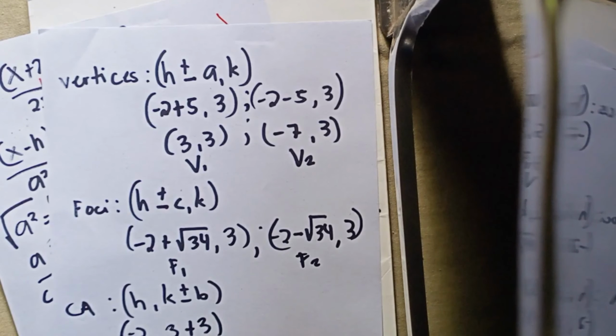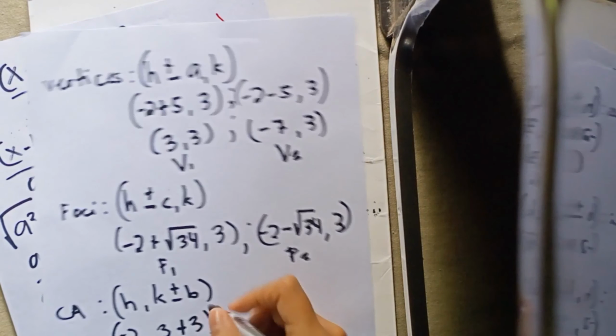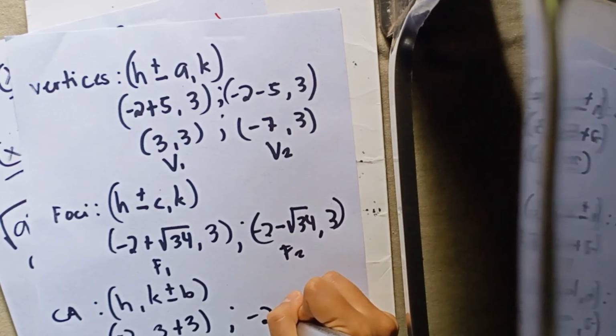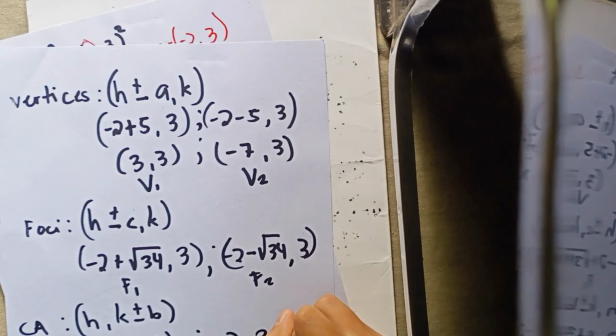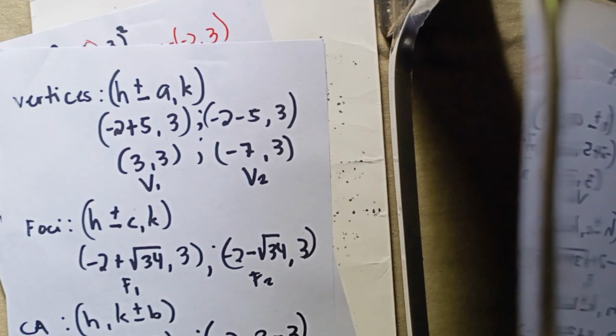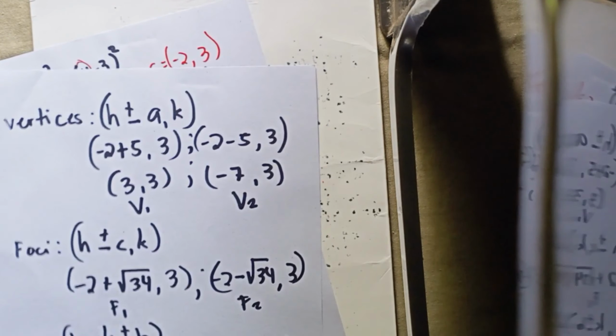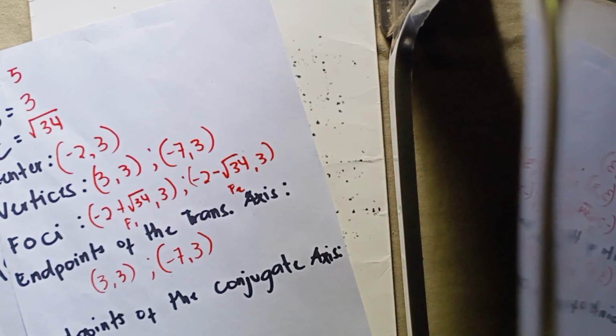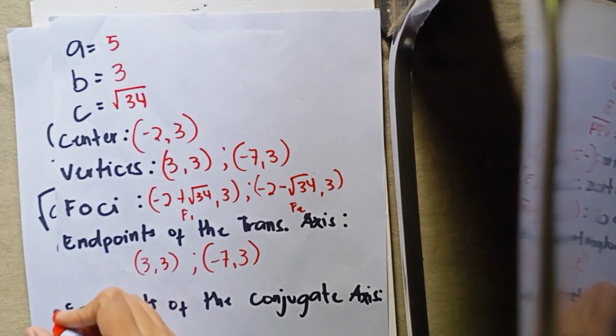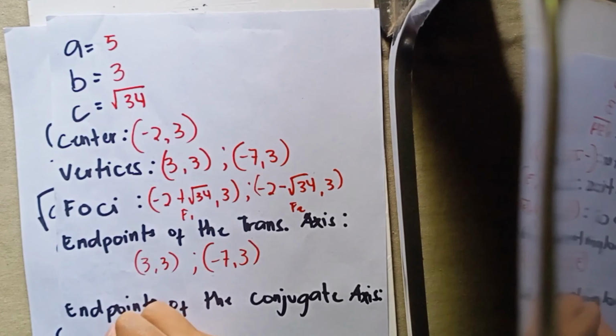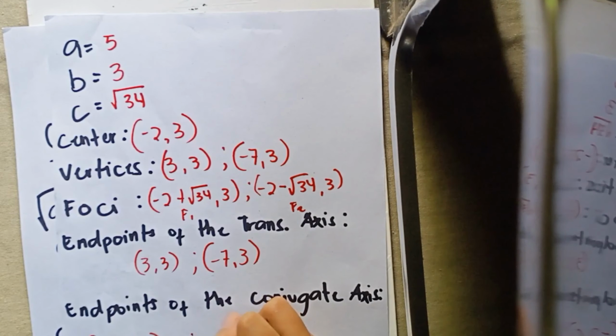This is A sub 1. Next, negative 2, 3 minus 3, so negative 2, 0. This is our A sub 2. So these are now our endpoints: negative 2, 6 and negative 2, 0.